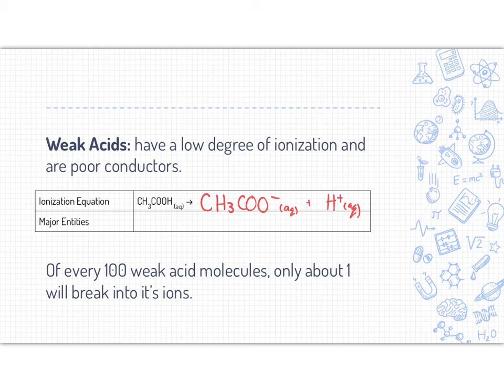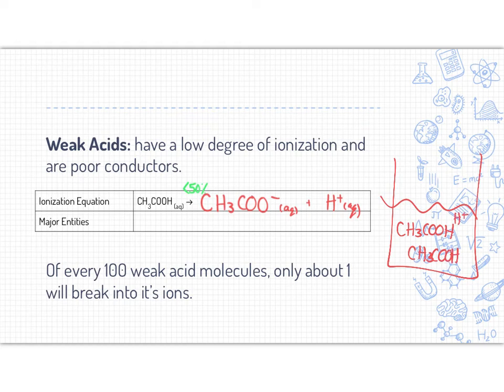What it means to be a weak acid is that it ionizes or breaks apart less than 50%. So of the 100 molecules I put in here, less than 50% of them will actually break up. So when I look at this in solution, the strong majority of them are still stuck together.